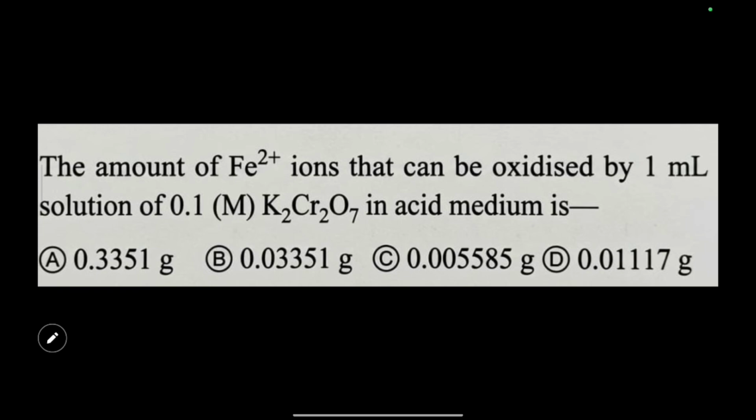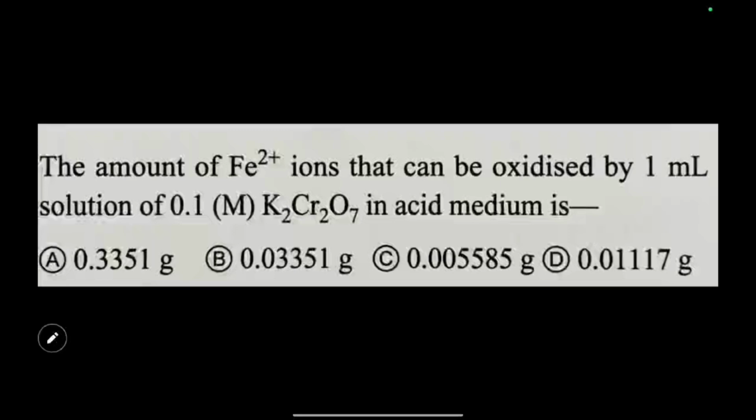The question is, given potassium dichromate in acidic medium oxidizes ferrous ion, Fe2 plus, to ferric. How much ferrous will be oxidized if 1 milliliter solution of 0.1 molar K2Cr2O7 is used?